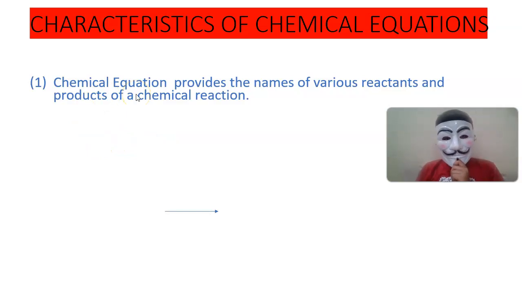As I had told you, a chemical equation is a way to represent a chemical reaction. Now let's go to our next point, but first let's see some examples.